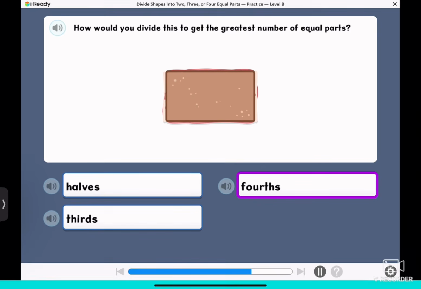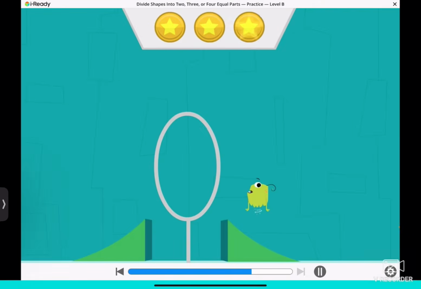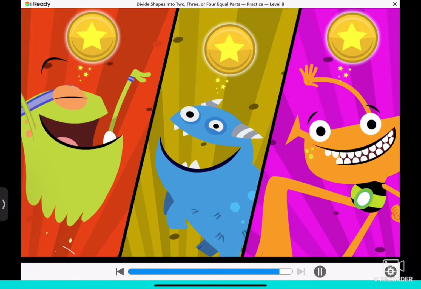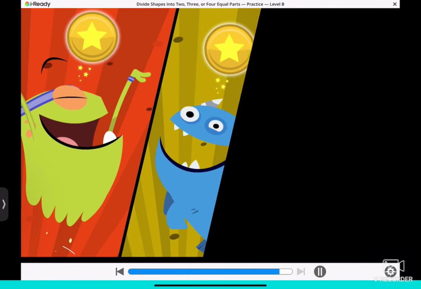Awesome! Divide the sandwich into fourths to get the greatest number of equal parts. Super duper ridiculously awesome! Yoop yoop! You did it! You finished the practice round.